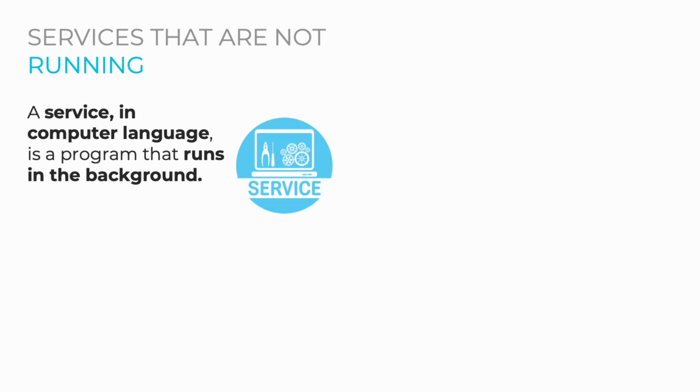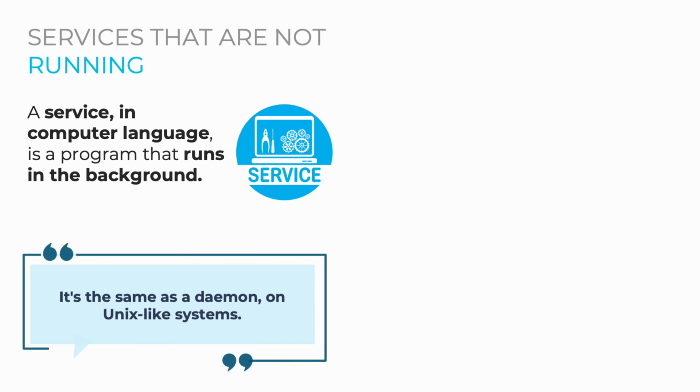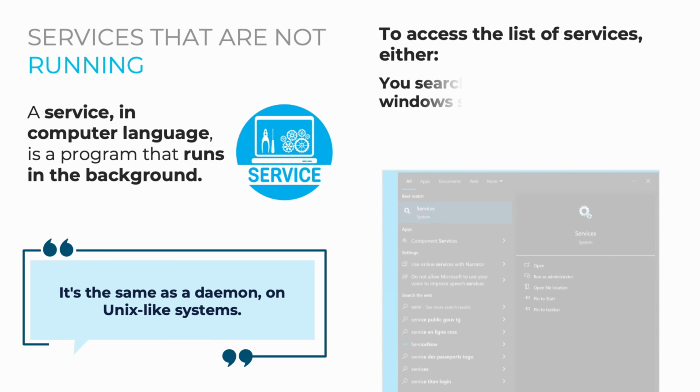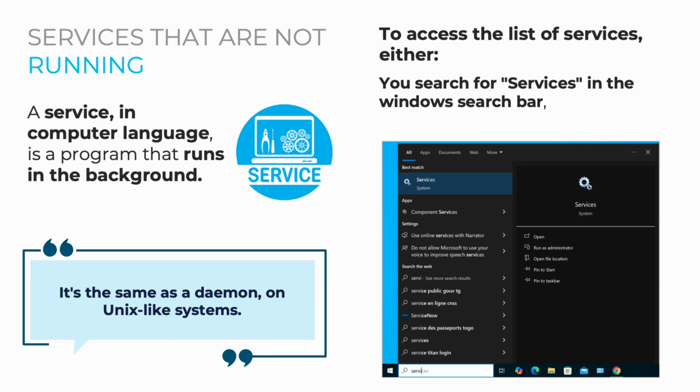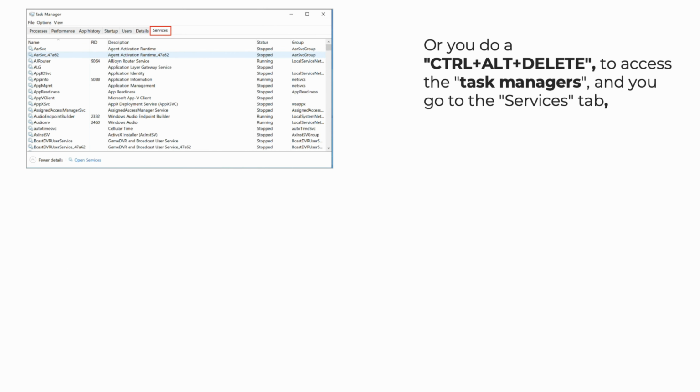Now, let's move on to the service of the computer that would have trouble starting. A service in computer language is a program that runs in the background. It's the same thing as a daemon on Unix-like systems. To access the list of services, either you search for services in the Windows search bar, or you do a Ctrl plus Alt plus Delete to access the Task Manager, and you go to the Services tab.